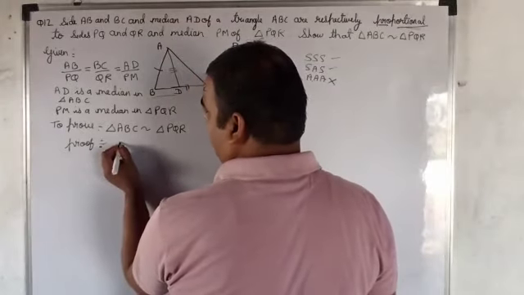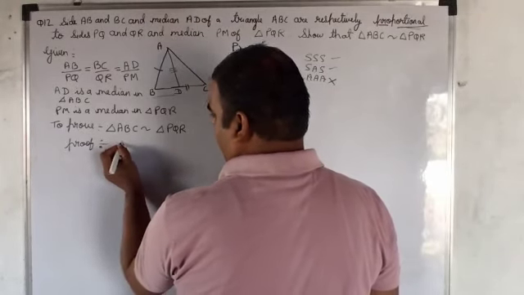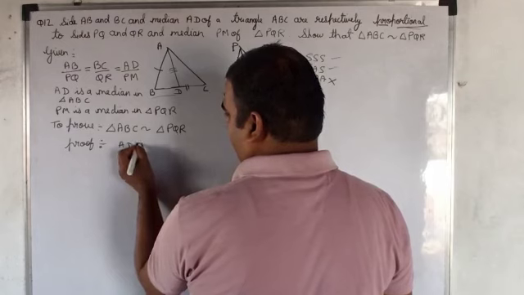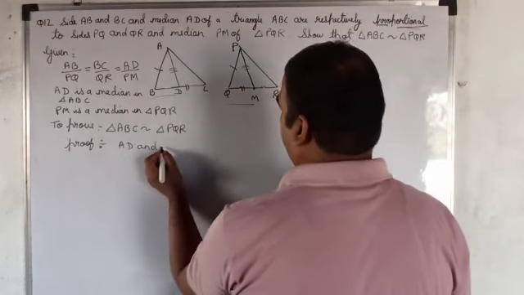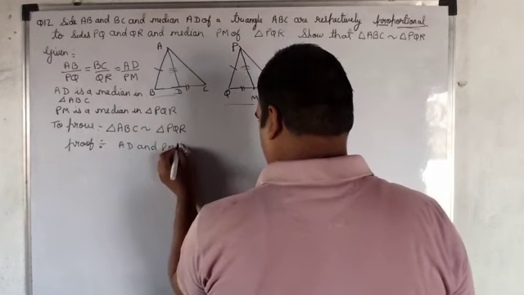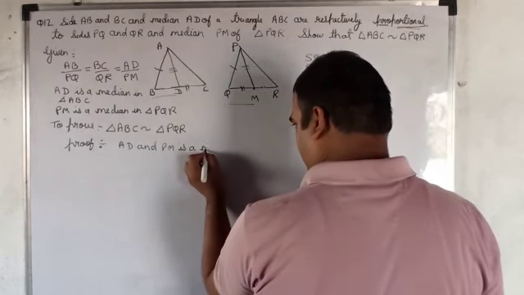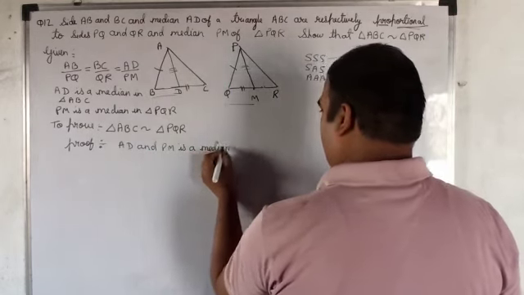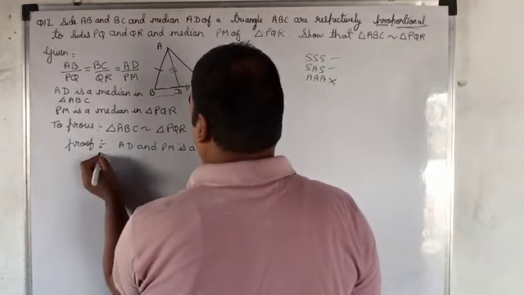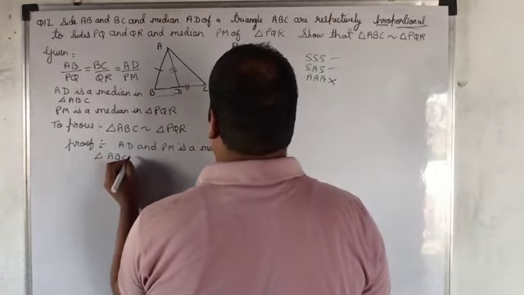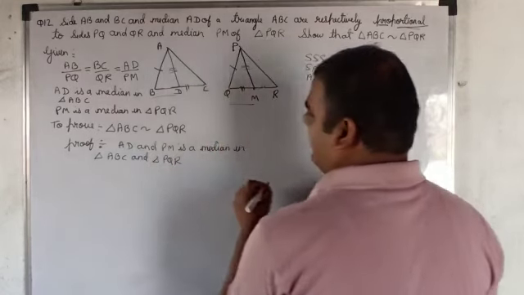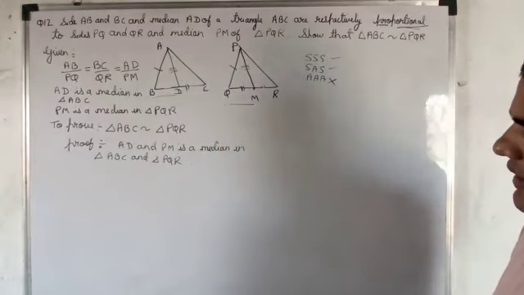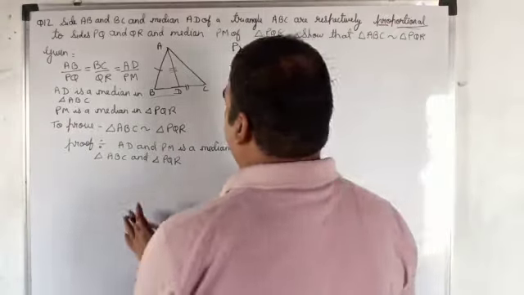See, we know AD is a median and PM is a median in triangle ABC and triangle PQR, right?